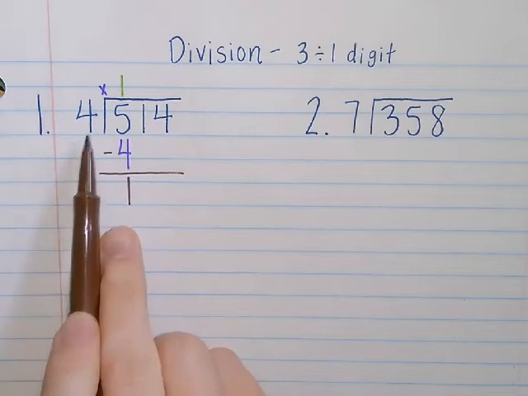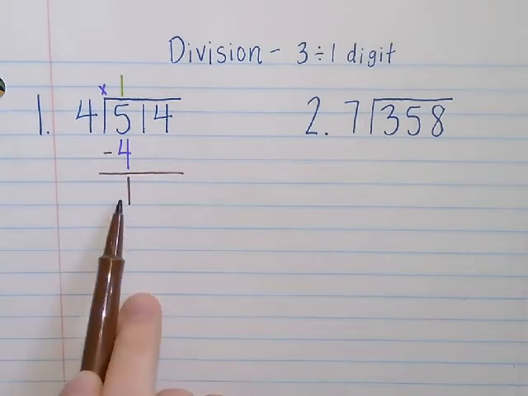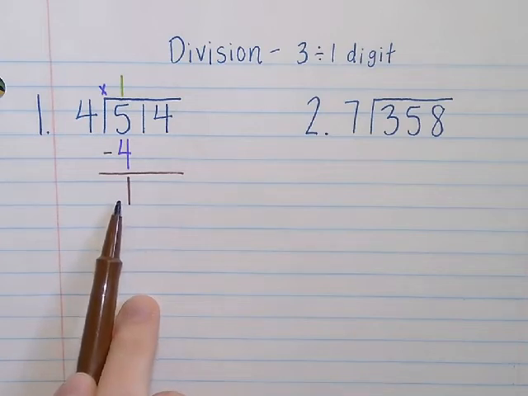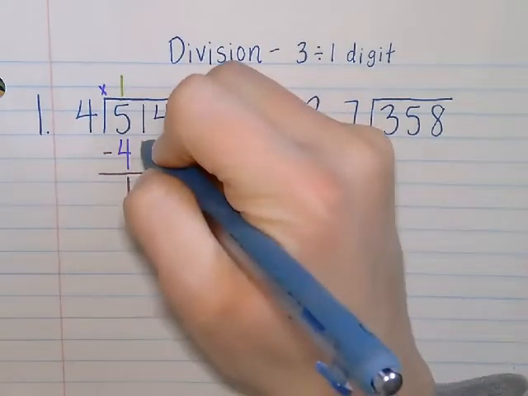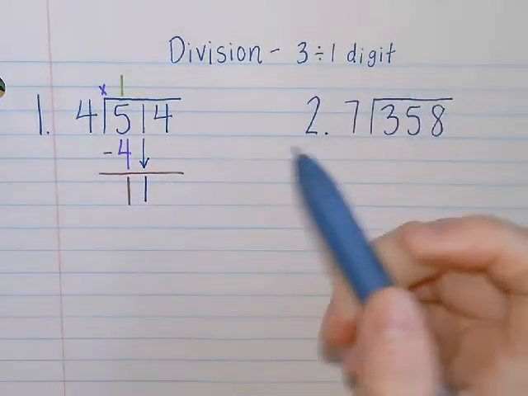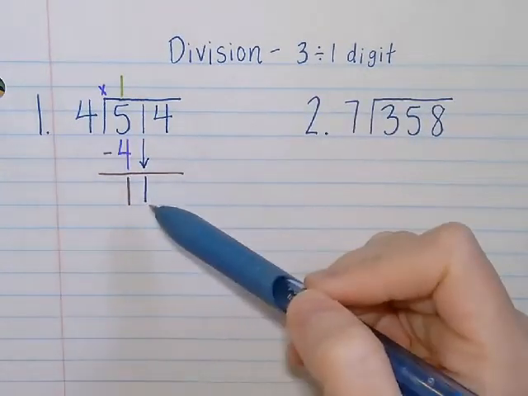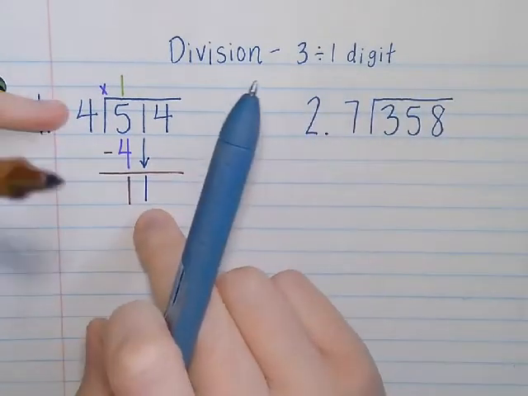Just like I asked, how many times can 4 go into 5? I need to ask, how many times can 4 go into 1? I know that 4 cannot go into 1 evenly, so I need to bring down the next number, which is also a 1. Now I can ask, can 4 go into 11? I know that 4 can go into 11 because 11 is bigger than 4.